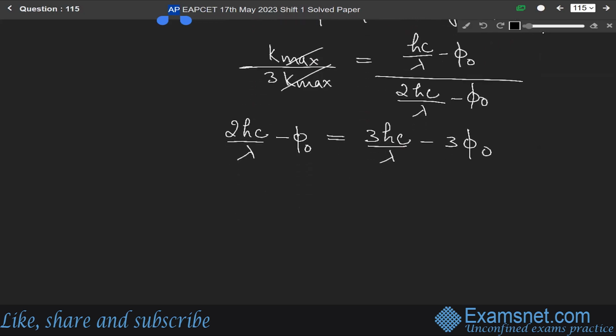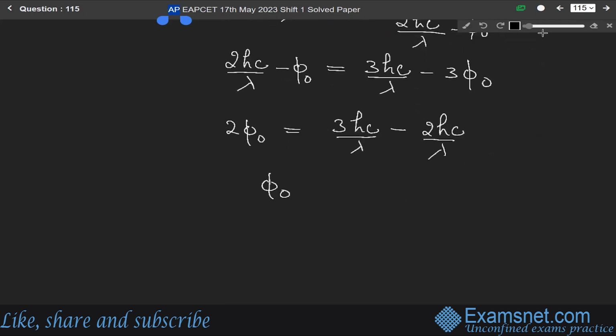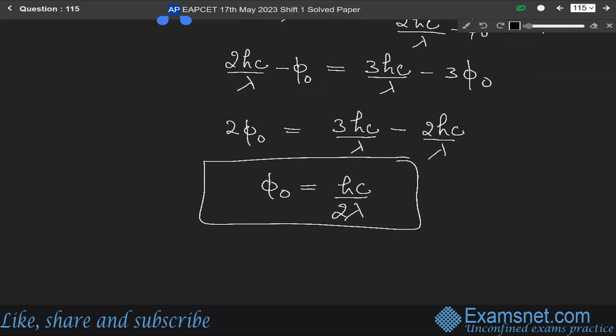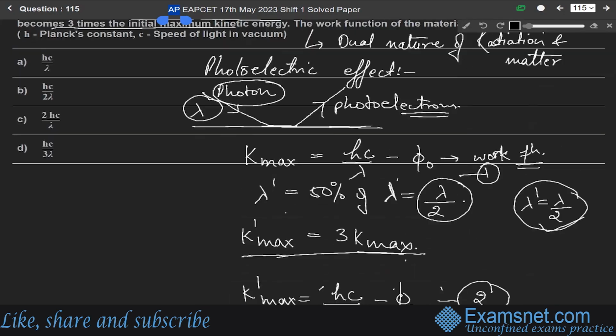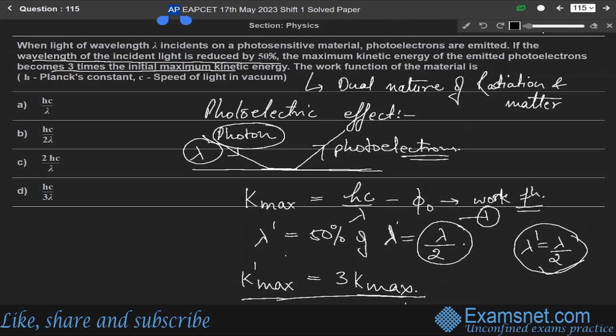So 2 phi naught equals 3hc over lambda minus 2hc over lambda. So phi naught becomes hc over 2 lambda. So when the maximum kinetic energy becomes 3 times the previous kinetic energy, the work function phi naught becomes hc over 2 lambda. That is option B, the correct answer.